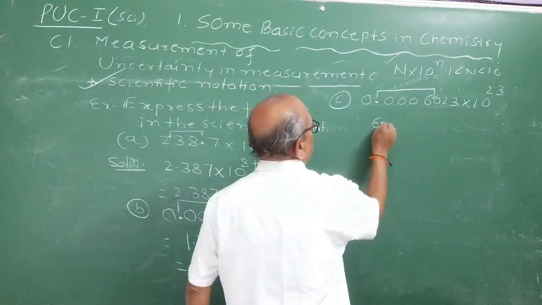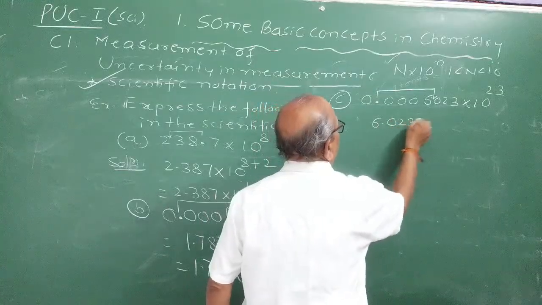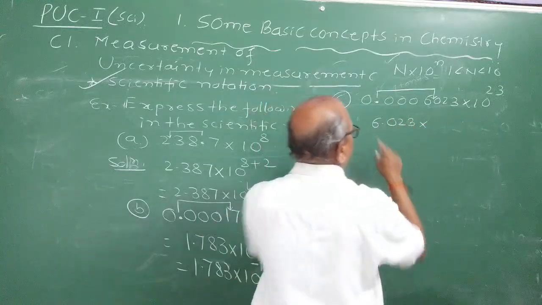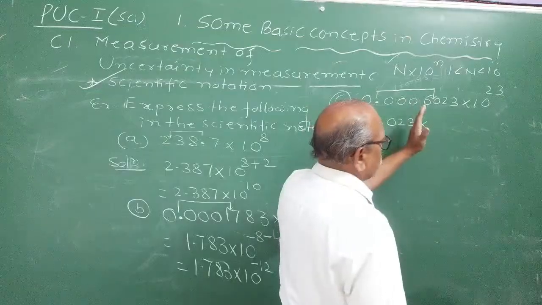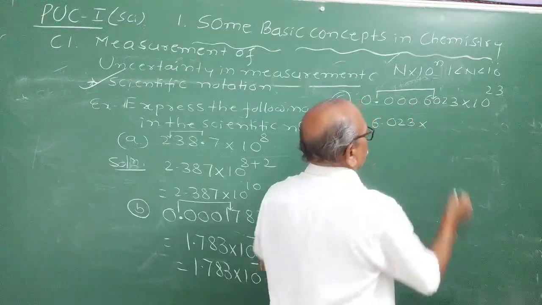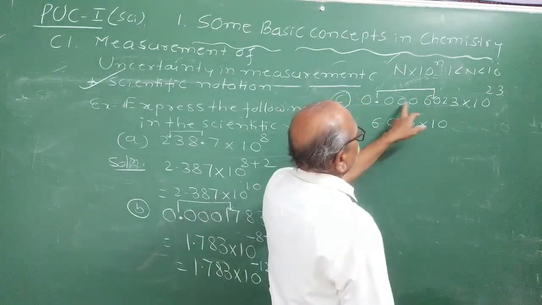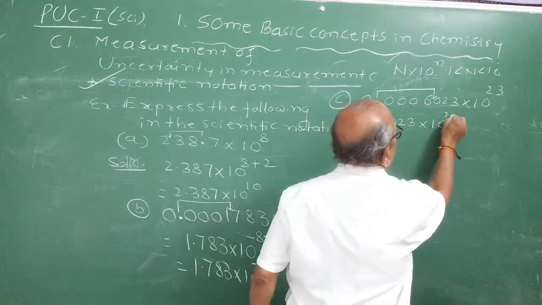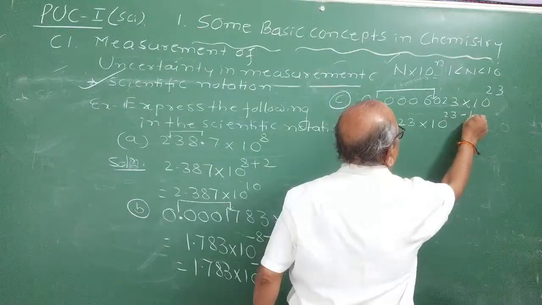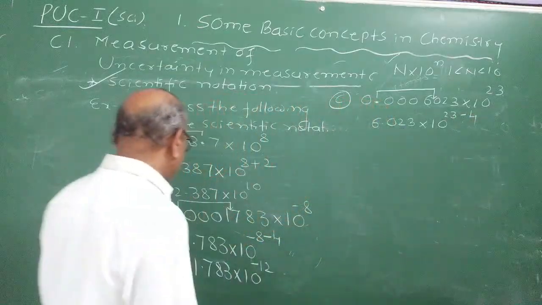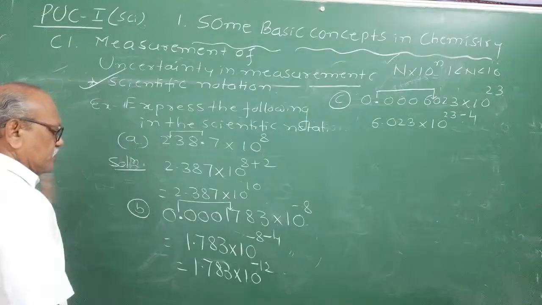Then you get 6.023 into 10 raised to 23 minus 4.